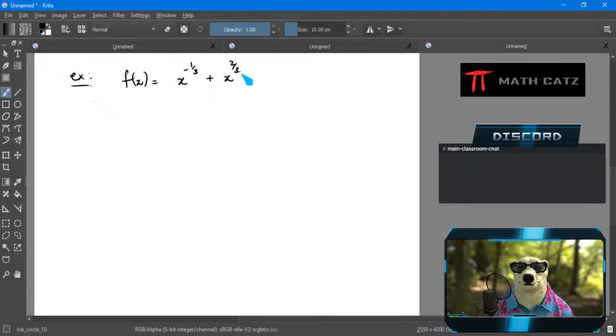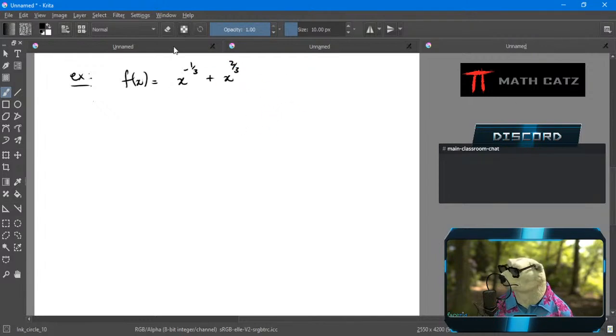If there is a fraction as a power of x, it might not be all of them. As soon as there is a fraction, positive or negative, I don't care. Usually they are all of them, but not always.